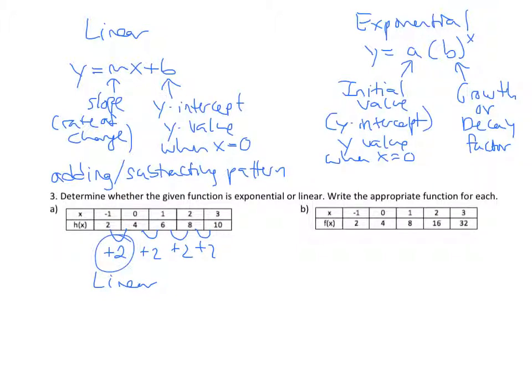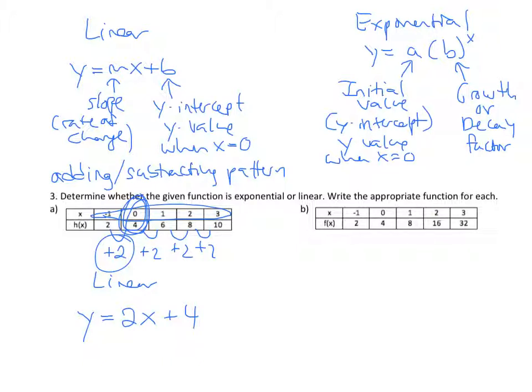Now, if my table didn't have x values going up by 1, I would have to take 2 points and use the slope formula to get the slope. But in this case, since we're going up by 1s, that number we add from one to the next is going to be the slope or the rate of change. And the y-intercept is going to be the y value when x equals 0, which is 4. So the equation of this line is y equals 2x plus 4.